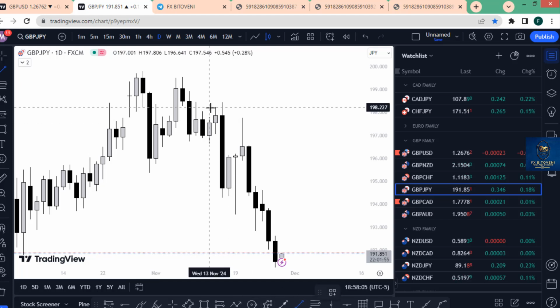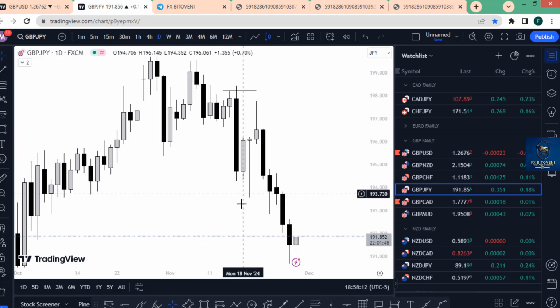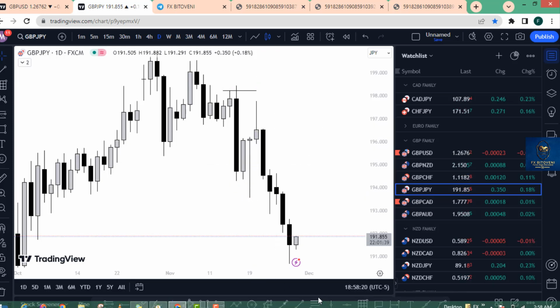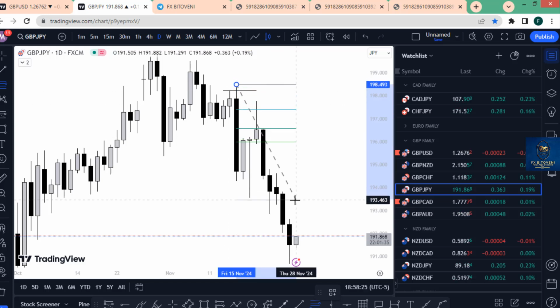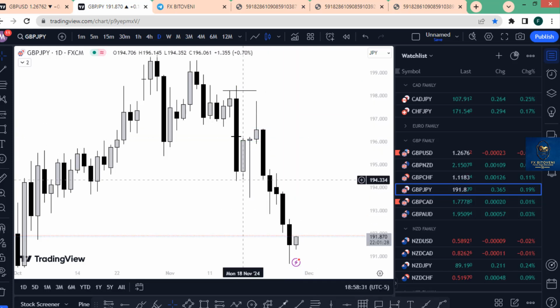we have a dealing range here, market grabbed the liquidity and it traded lower. Then we saw price creating a pullback. Sorry guys, we saw price trading a pullback into premium zone, which is 50% around here. Price trading back to 50% and above in the premium zone to do what?